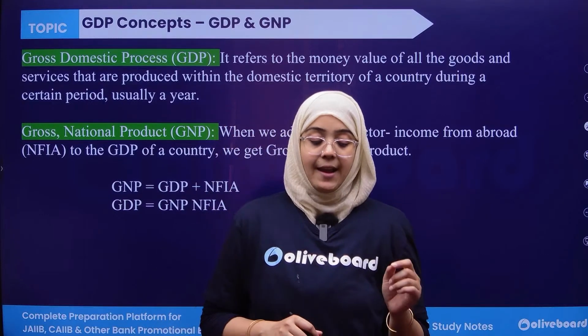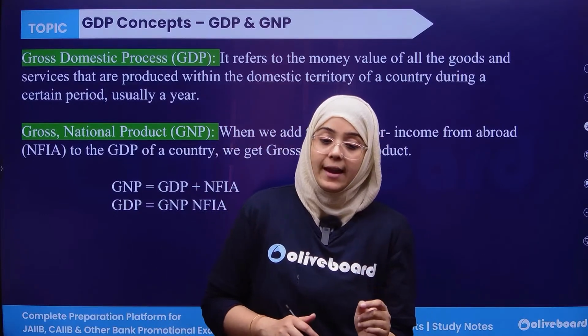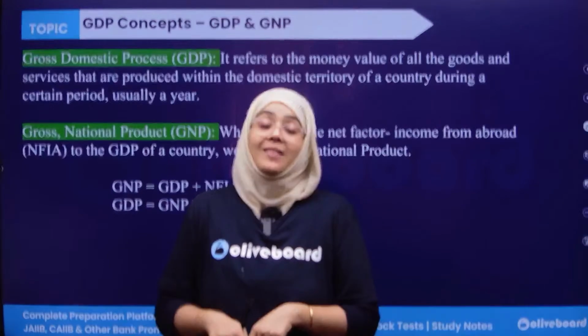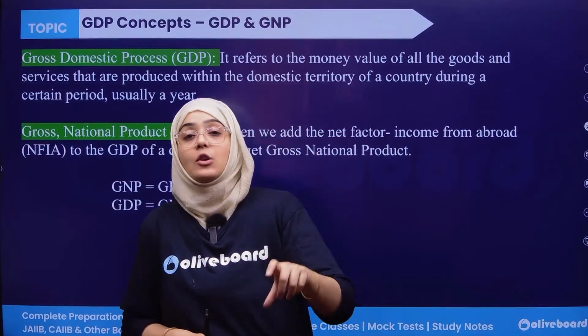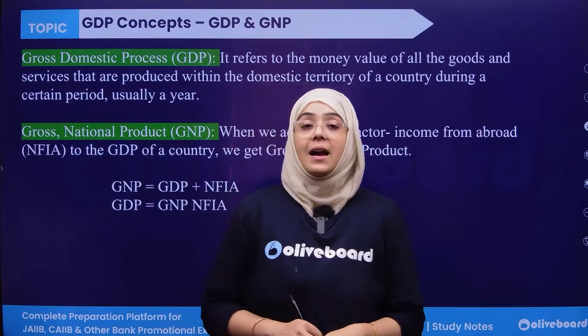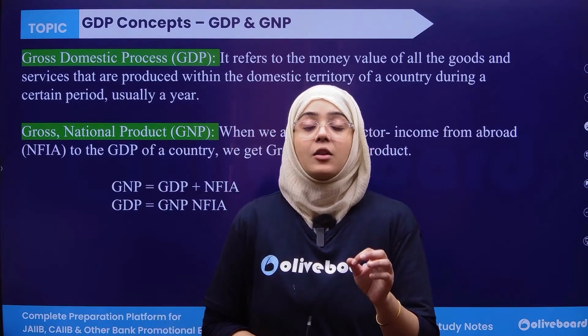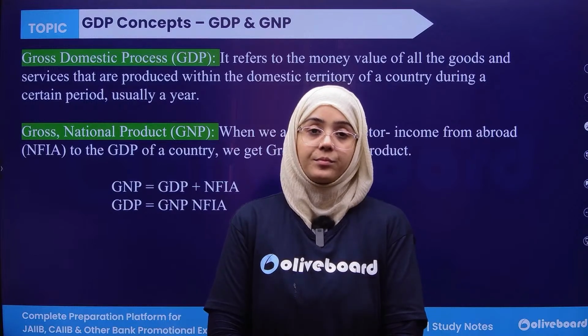The main thing is we have to calculate all the value of final goods and services that is produced within our domestic boundary. That is known as GDP, that is known as gross domestic product.